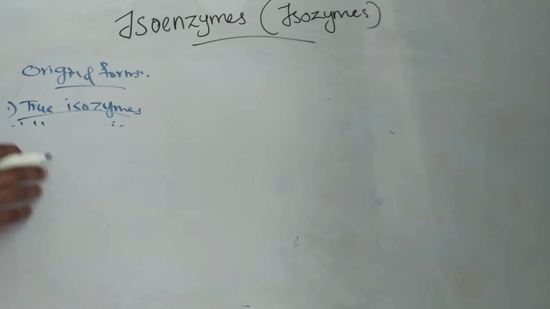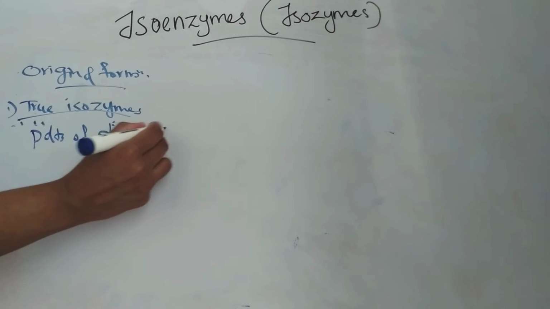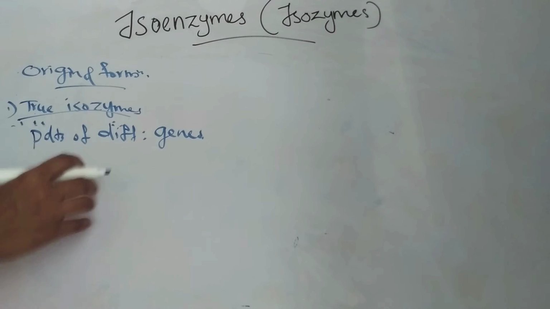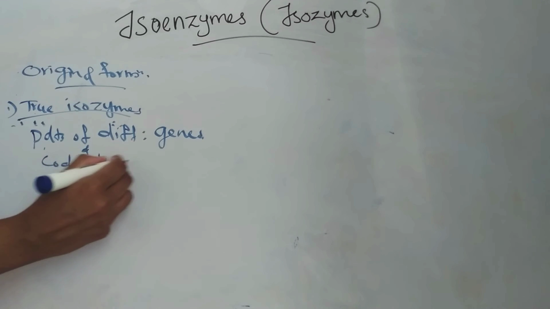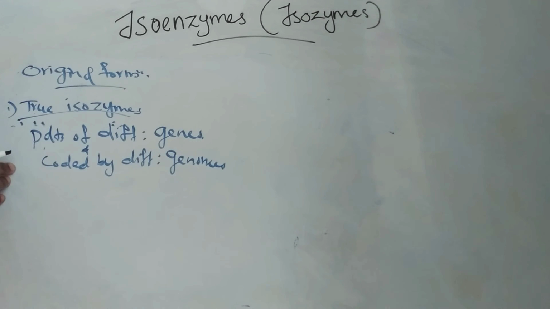True isozymes are the products of different genes, and they are coded by different genomes.